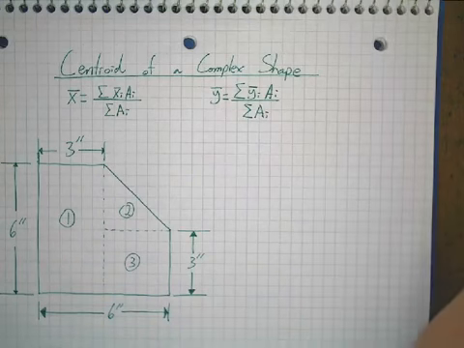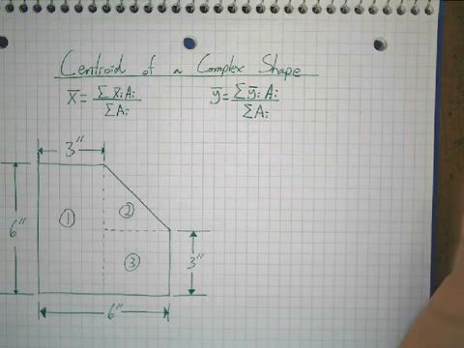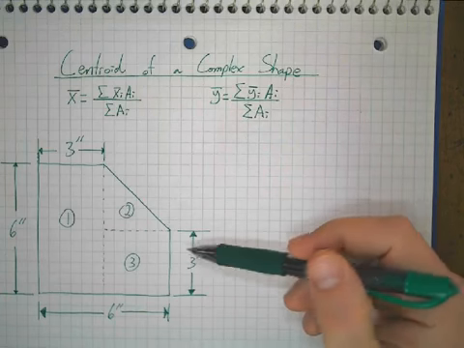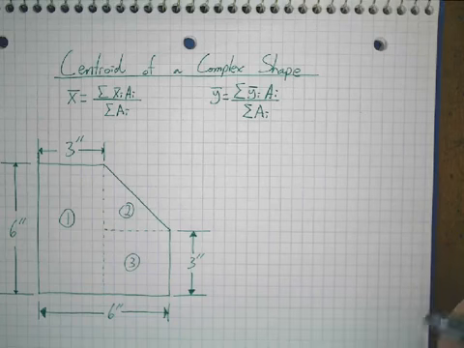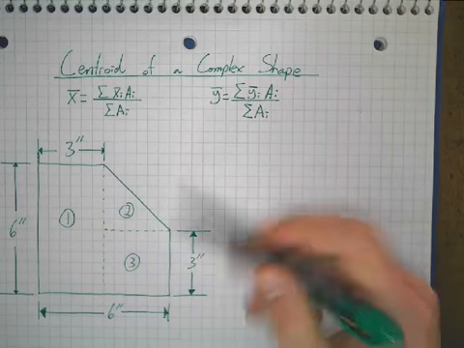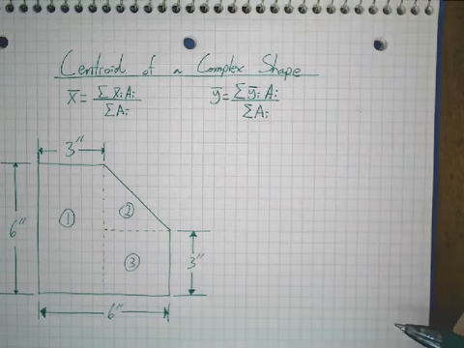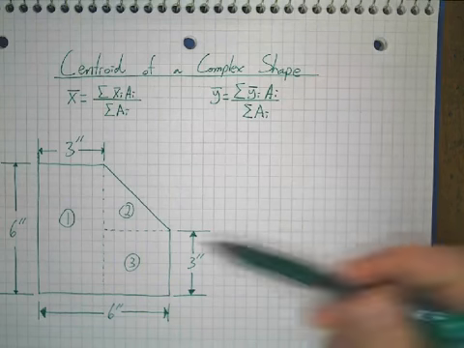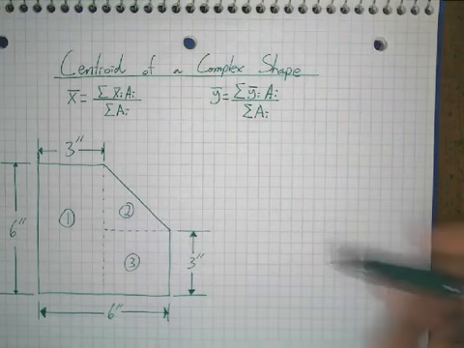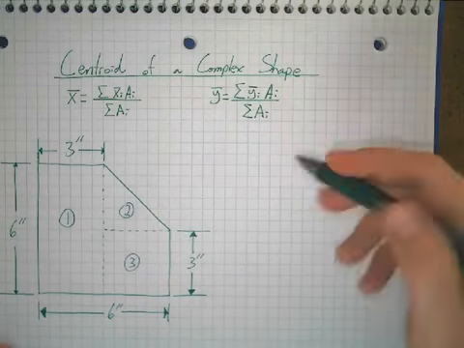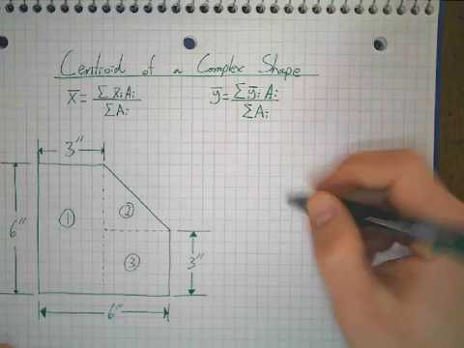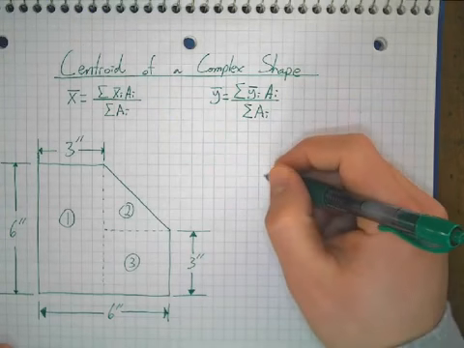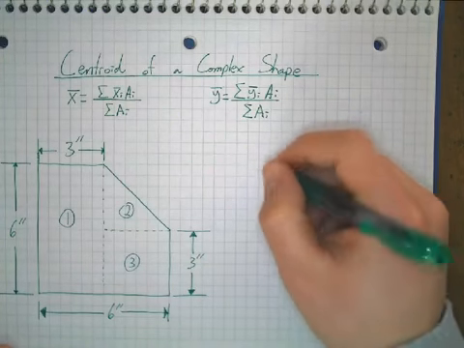Now there are, like I said, many ways to do this problem. In fact, I'll show a different way to do this problem in my next video. But for this, we're going to take these 3 shapes and use the centroids of all of these to find the centroid of our overall shape. So let's break that down, and what I like to do for these problems to help me keep things straight is create a little chart, because I think that helps me stay organized.